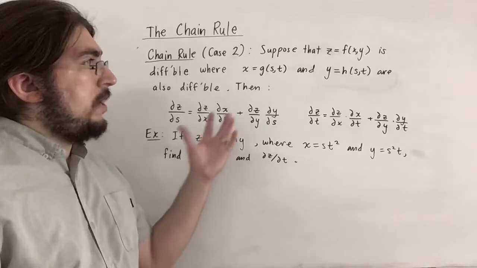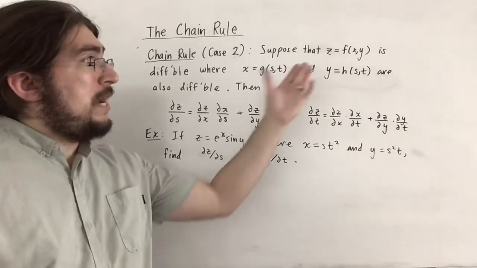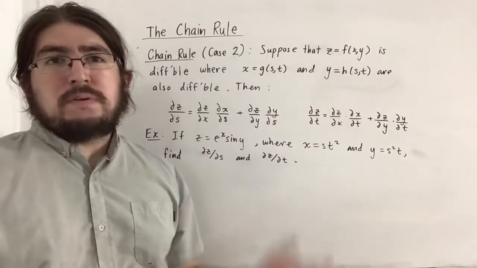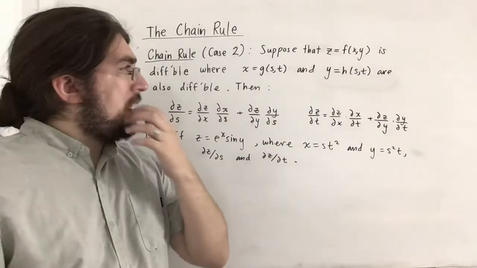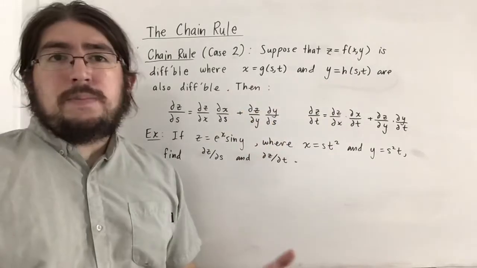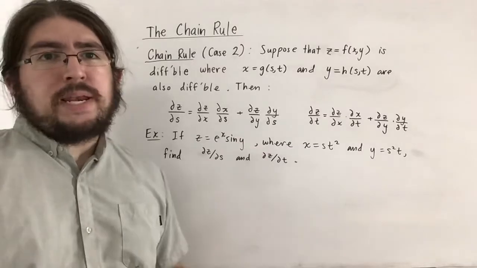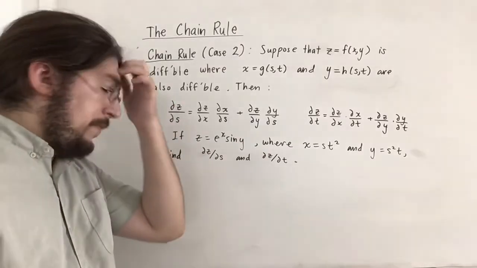But in this scenario, since x and y are each functions of s and t, z is a function of those variables s and t. So very often z is called the dependent variable, s and t are independent variables, and x and y are the so-called intermediate variables. Just bear that in mind.